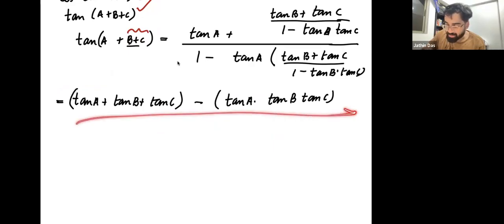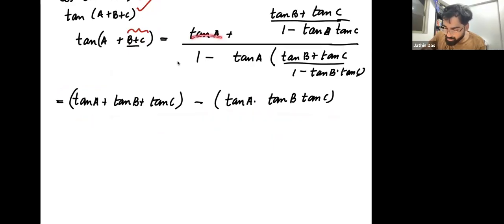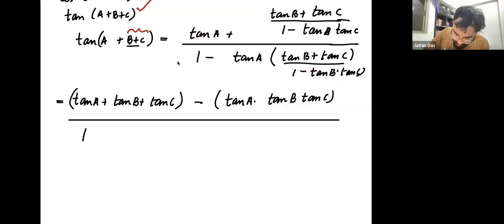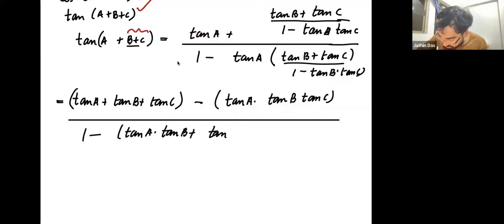When you multiply this, you will get tan A into tan B into tan C with a minus, and tan A plus tan B plus tan C, and the rest will cancel. Correct? Then you'll get 1 minus tan A tan B plus tan B tan C plus tan C tan A.